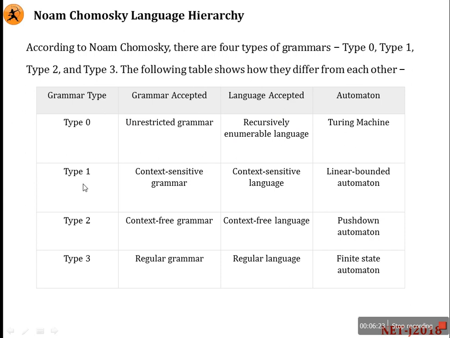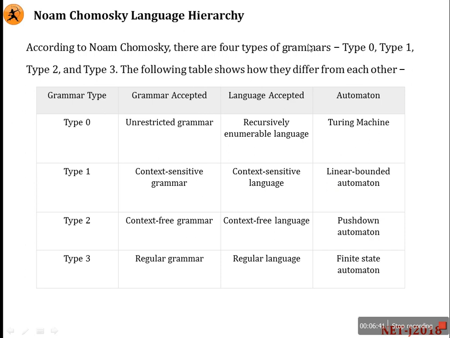Now type 1 grammar, this is context sensitive grammar. This is context sensitive language. Context sensitive language is generated from context sensitive grammar. This one is read by linear bounded automata.